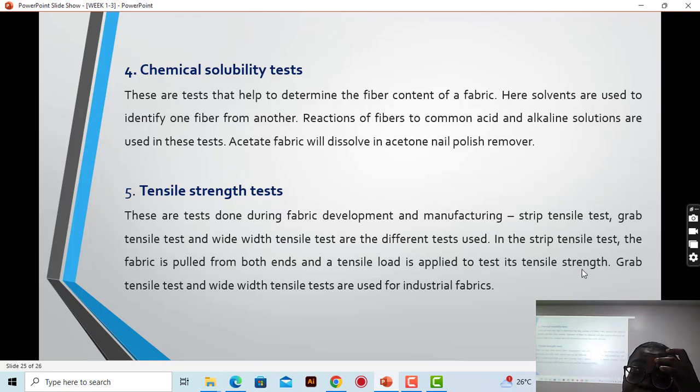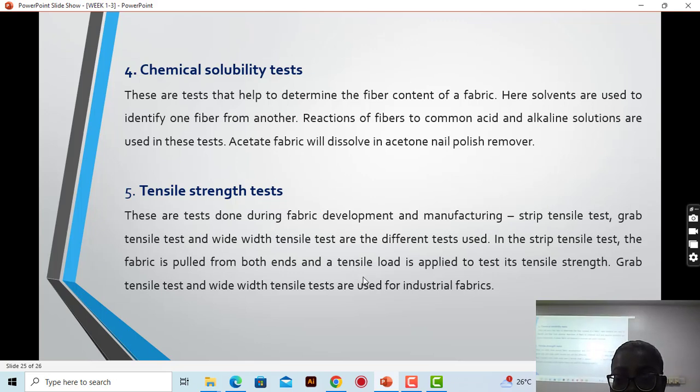Once they apply a tensile load, like pressure, they see the amount of pressure it can take, whether it tears easily, or stretches to a point before it tears, or is able to keep its original state even though they have added some pressure to the yarn.